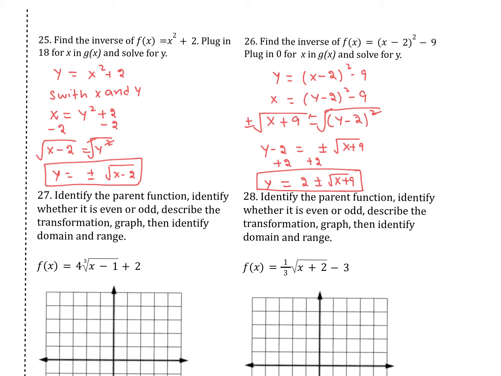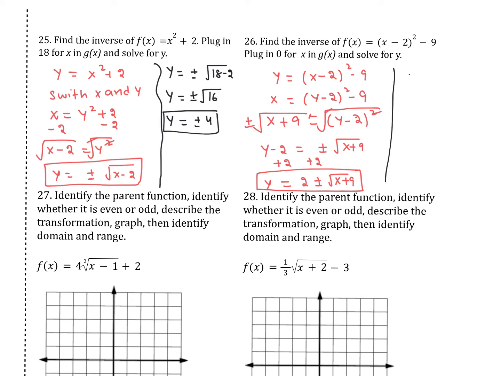Now the next part for 25 and for 26 is that they ask us to plug in 18 on both sides and solve for y. In this case, you have 16 and y equals plus or minus 4.